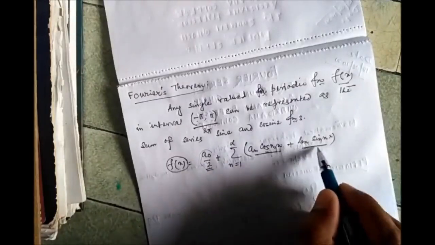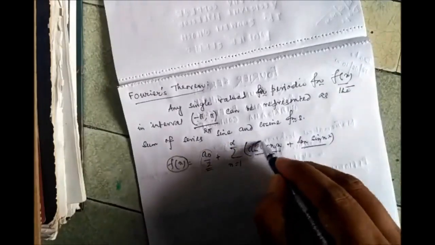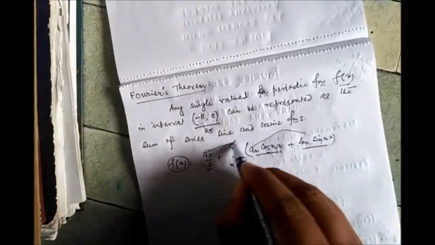In another way, I can say that if you add this sine or cosine function choosing appropriate constants, these are constants, so if you add all these sine and cosine series choosing some appropriate constants, you can get this periodic function.